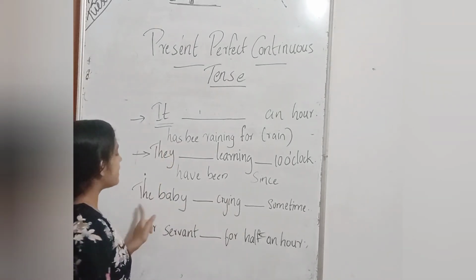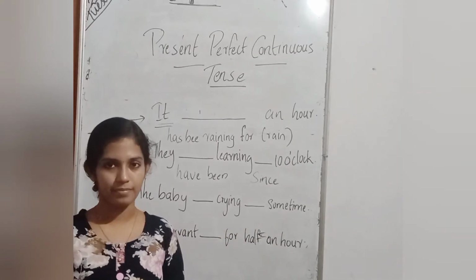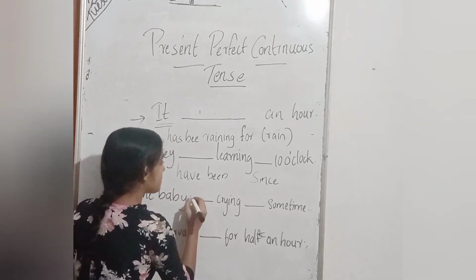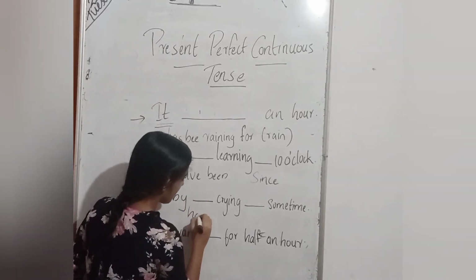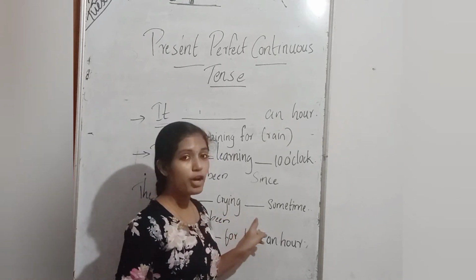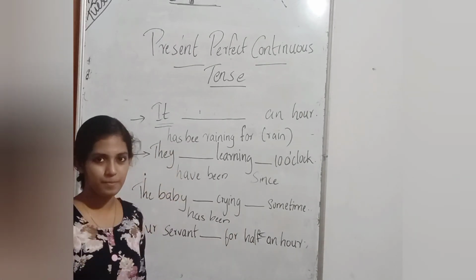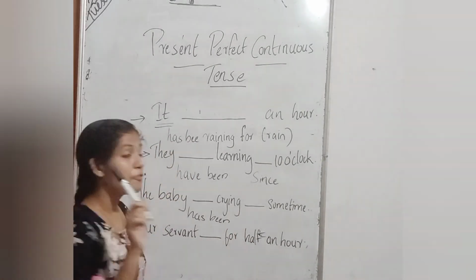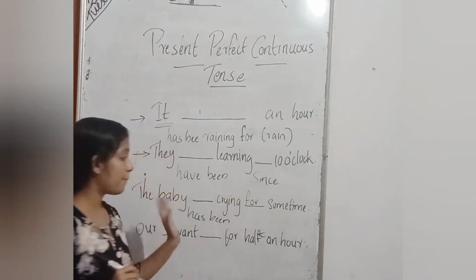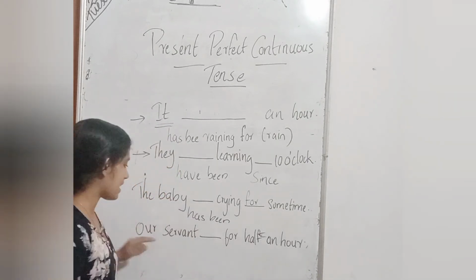Next sentence. The baby dash crying dash sometime. The baby has been. For or since, some time. It means a period of time. We use for some time. The baby has been crying for some time. Next sentence.